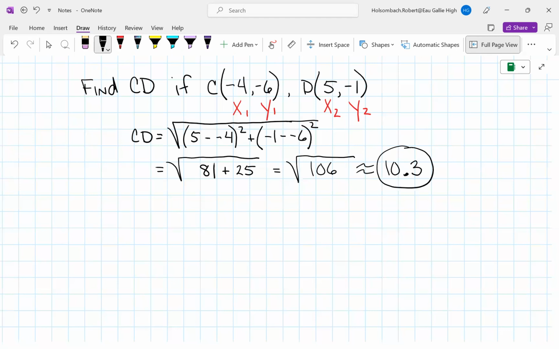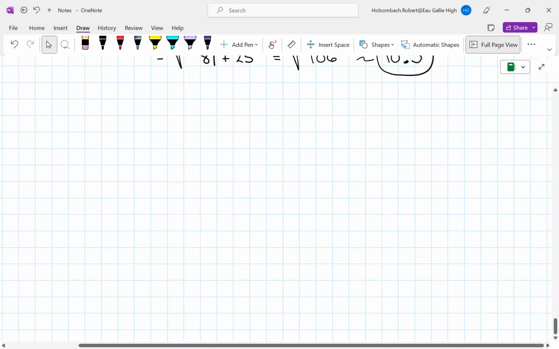All right, so any questions on finding those different distances on the coordinate plane or on the number line? All right, then your practice for today is going to be on page 31.